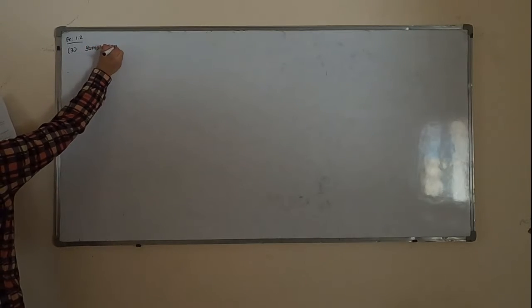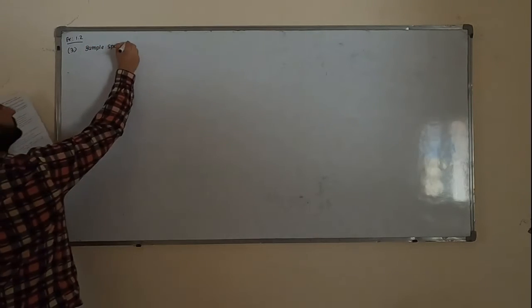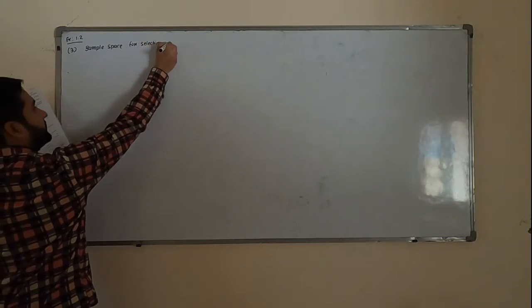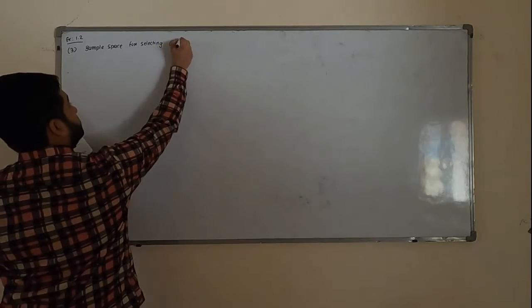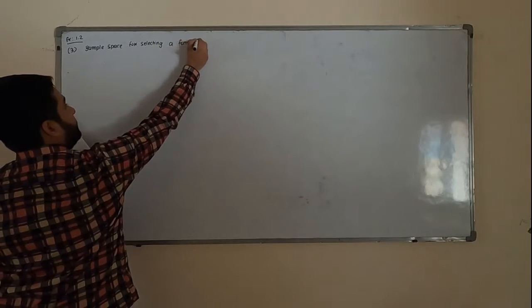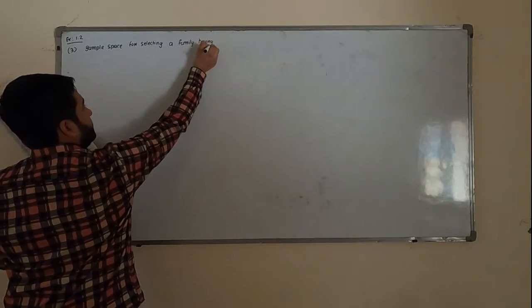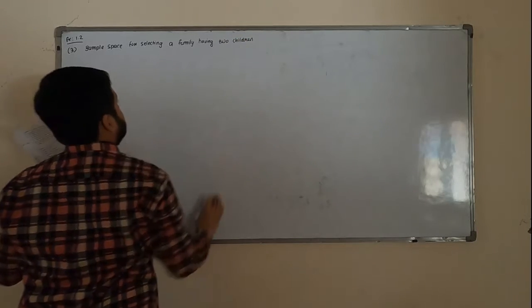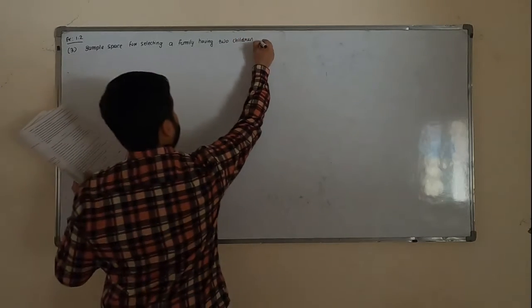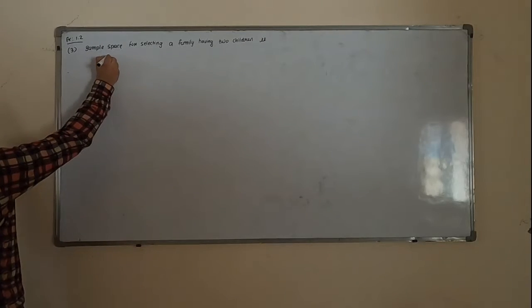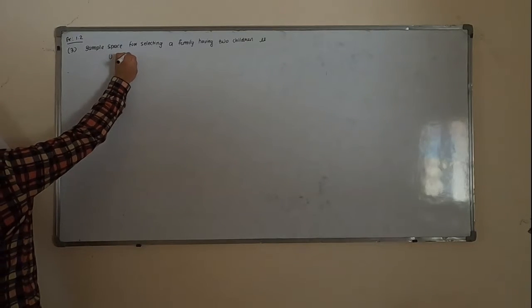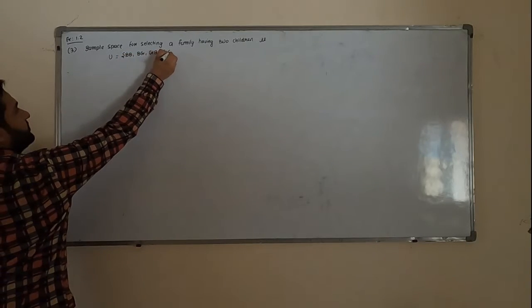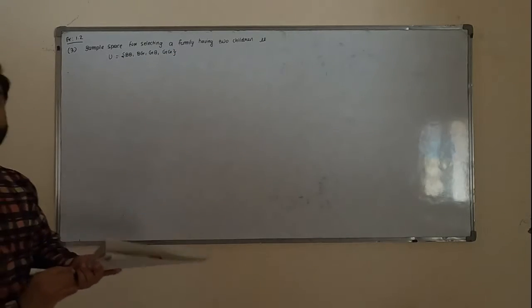So the sample space for selecting a family having two children is U equals BB, BG, GB, GG. This is the same as when two coins are there.